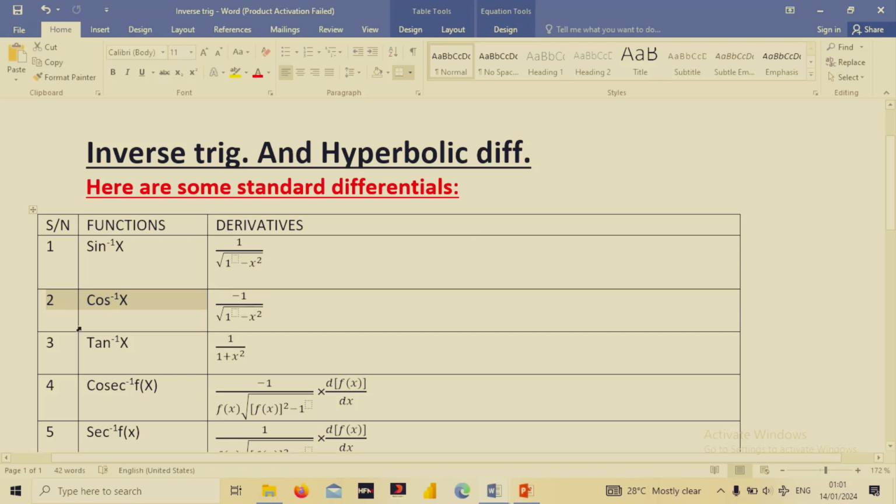And you can also see number 3 that we are having tan inverse of x, and the answer to tan inverse of x is 1 all over 1 plus x squared. It is very simple to remember if you are determined, right? We have 1 over 1 plus x squared. That is for tan inverse of x.